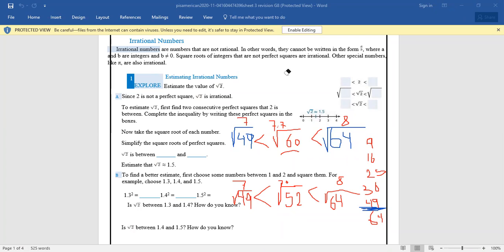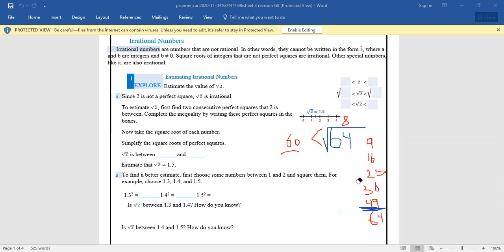If I want to ask you now quickly, the square root of 98, which two integers does 98 lie between?